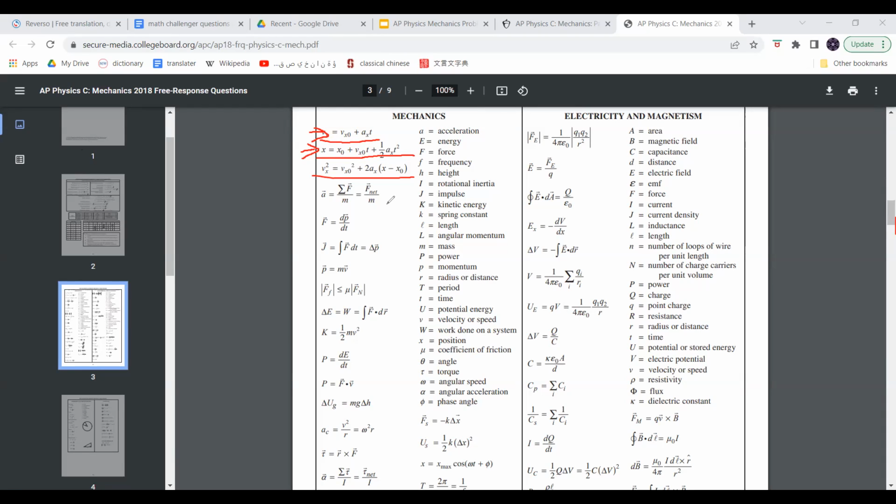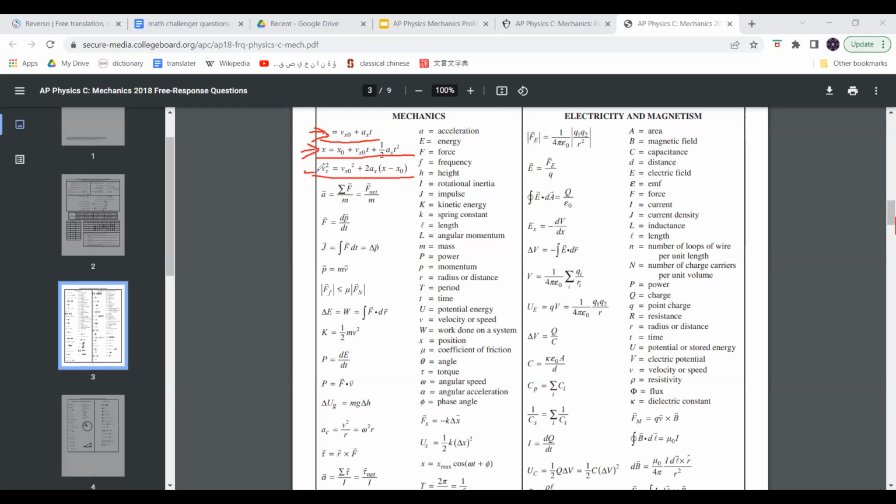It's not really written out like this. I'm pretty sure it's just written as delta x is equal to v0t plus 1/2 of at squared, but I could be wrong on that, and it's this exact same equation.